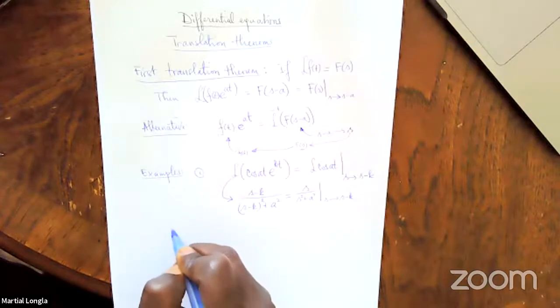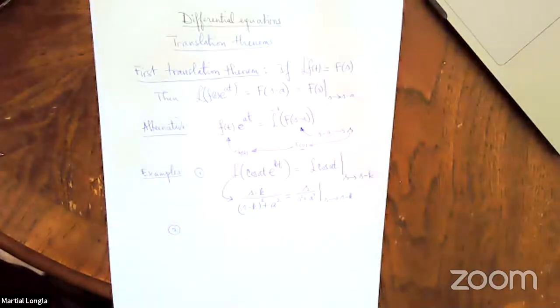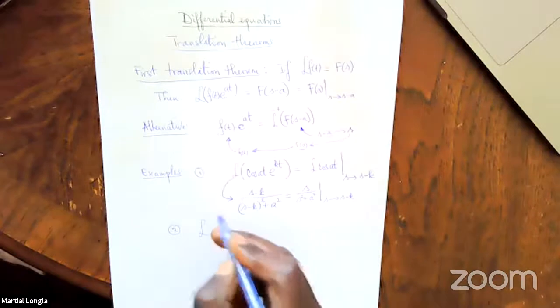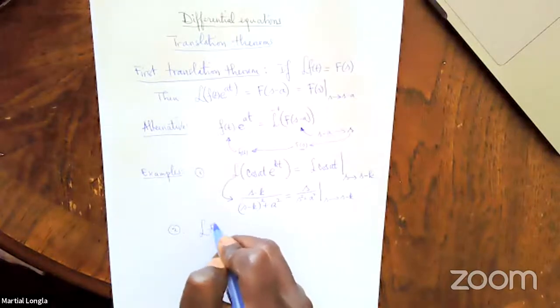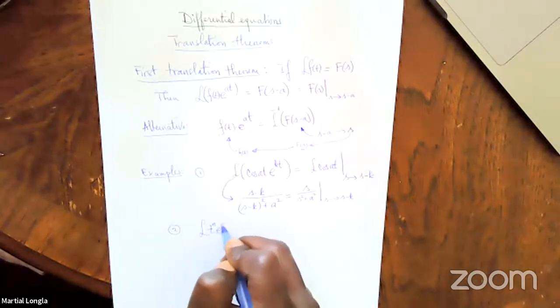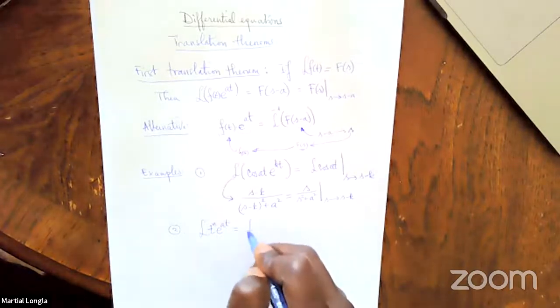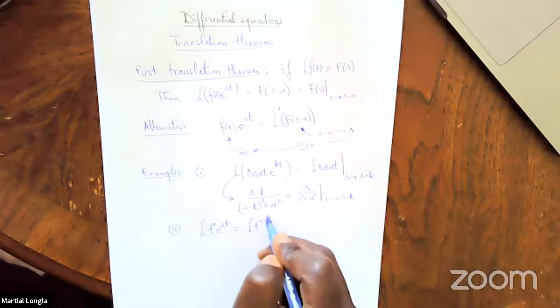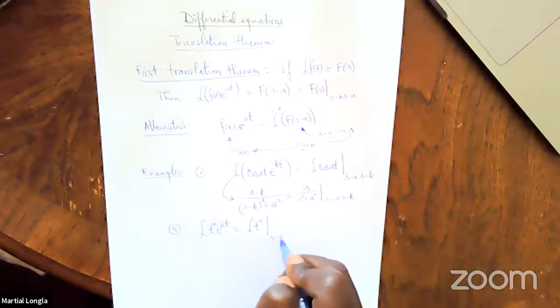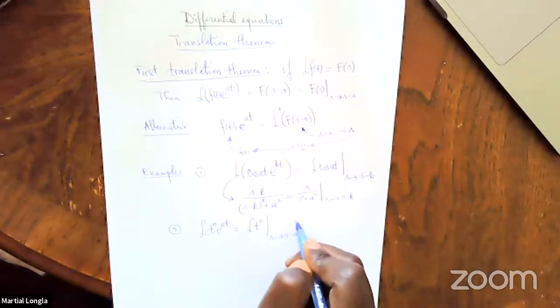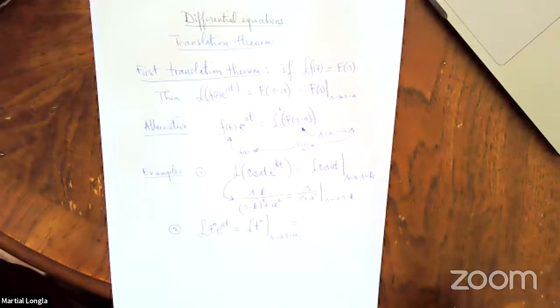Example 2, the Laplace transform of t to the power n e to the at. What would this be? It is the Laplace transform of t to the power n, then replace s by s minus a. What's the Laplace transform of t to the n?